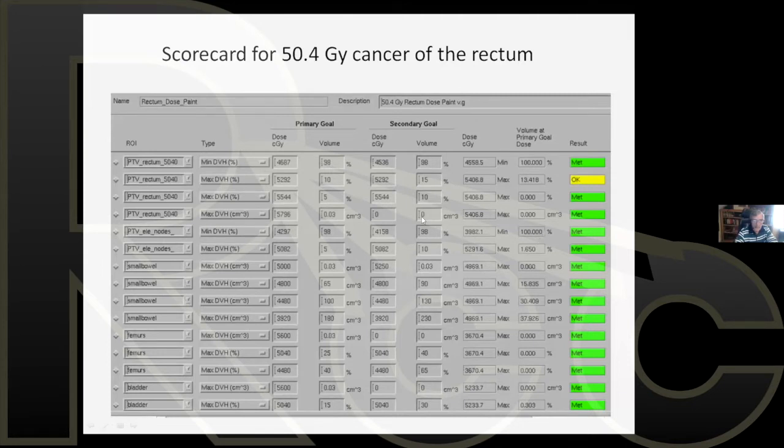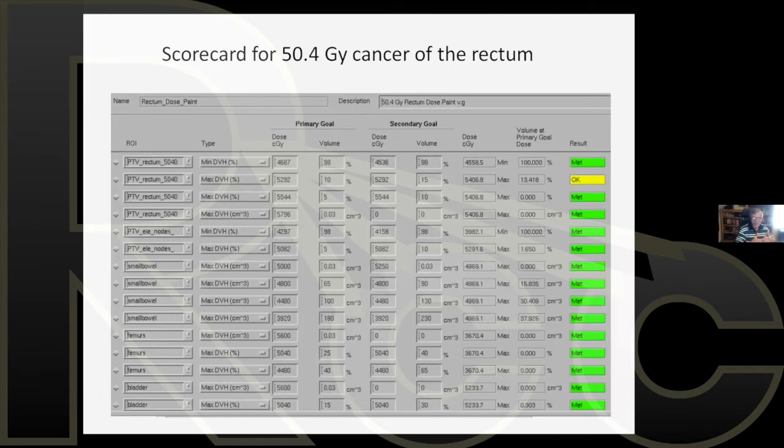So in summary, for my part of the talk, dose volume histograms are extremely critical in evaluating a plan. They give you a common knowledge that the clinicians can all talk about, and plans actually have a way of being scored.